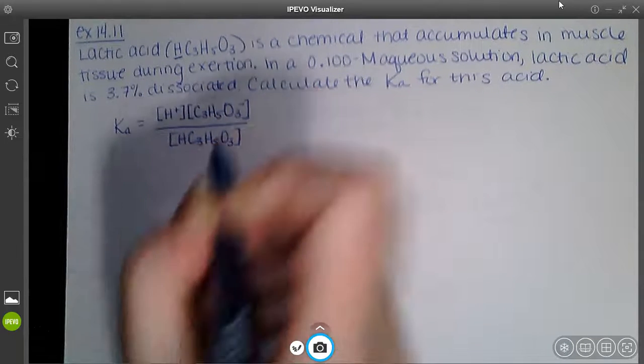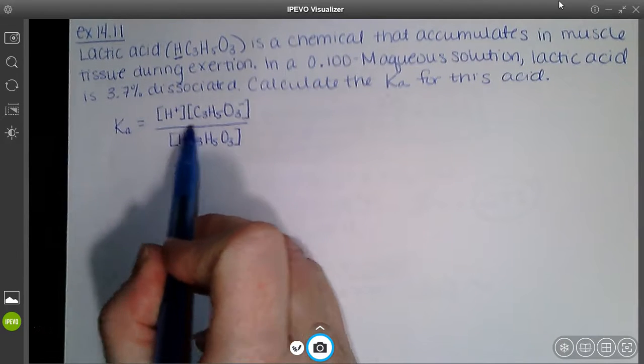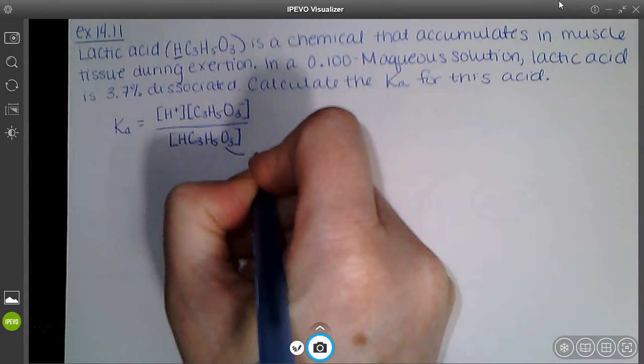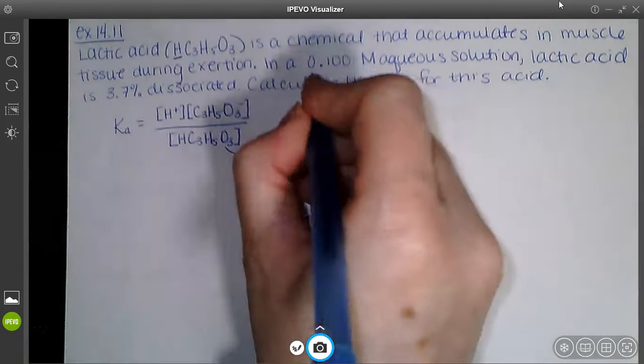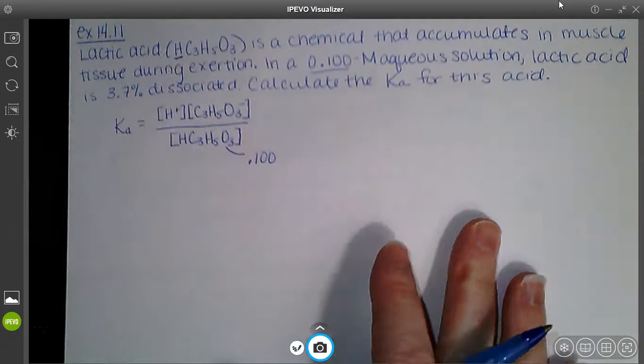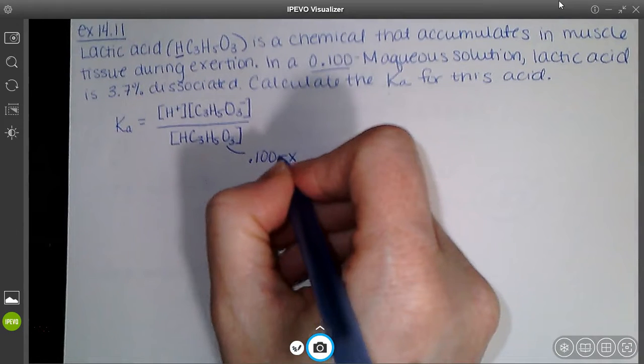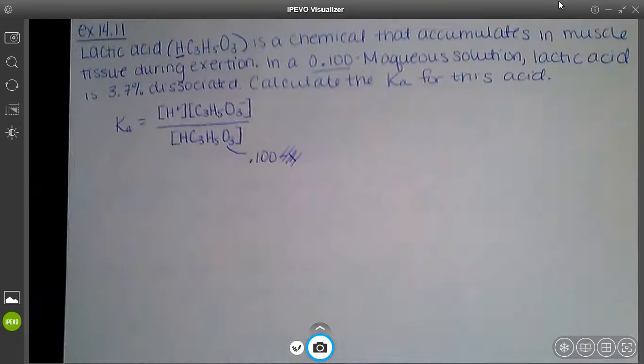Now, since this is a weak acid, I know that this guy is going to be 0.100, because it's going to take my initial concentration, and it's technically minus 0, but we're going to ignore it because that's so small it doesn't really change your overall math. It becomes insignificant in our calculations.